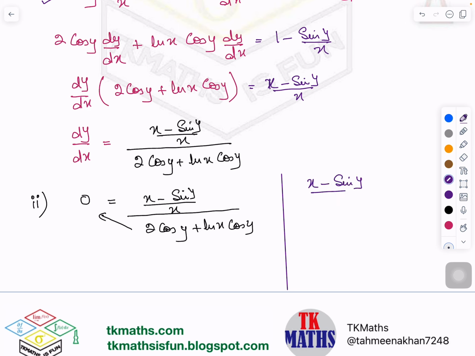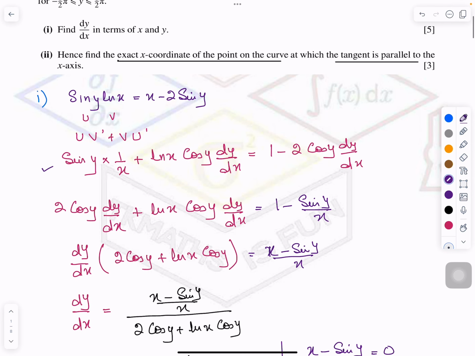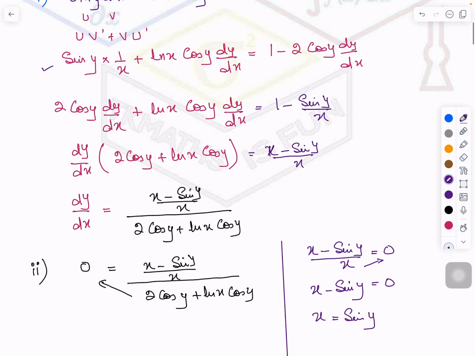Sine y upon x equals 0, which is x minus sine y. Okay, so x is equal to sine y. Now if you reach this stage, what will you do now? Because the question is saying find the x coordinate of the point on the curve where the tangent is parallel to the x-axis.